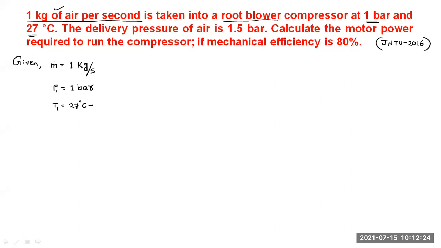I have told you always to convert this temperature into Kelvin, so we add 273: 27 plus 273 is 300 Kelvin. The delivery pressure of air is 1.5 bar. Delivery pressure means outlet pressure, so P2 equals 1.5 bar, and this bar we have to convert into kilopascal.